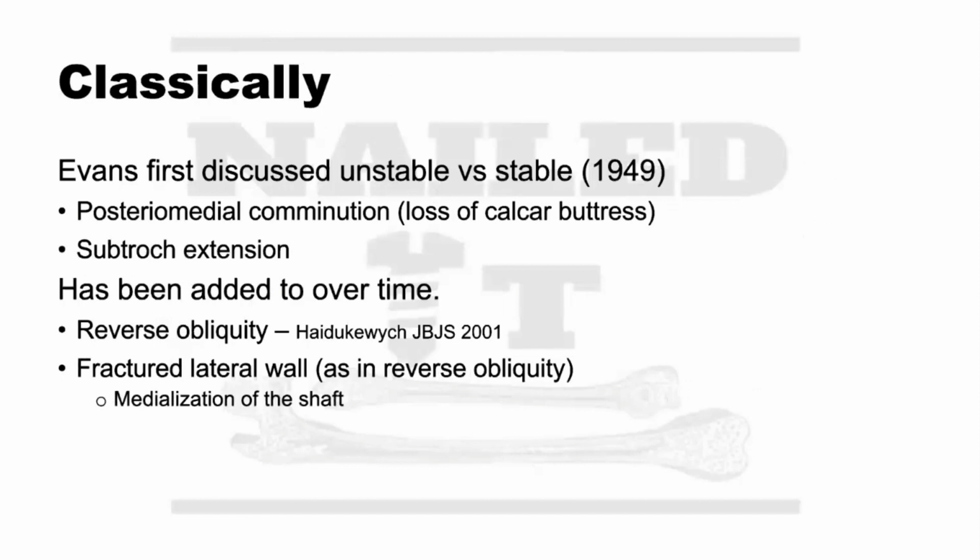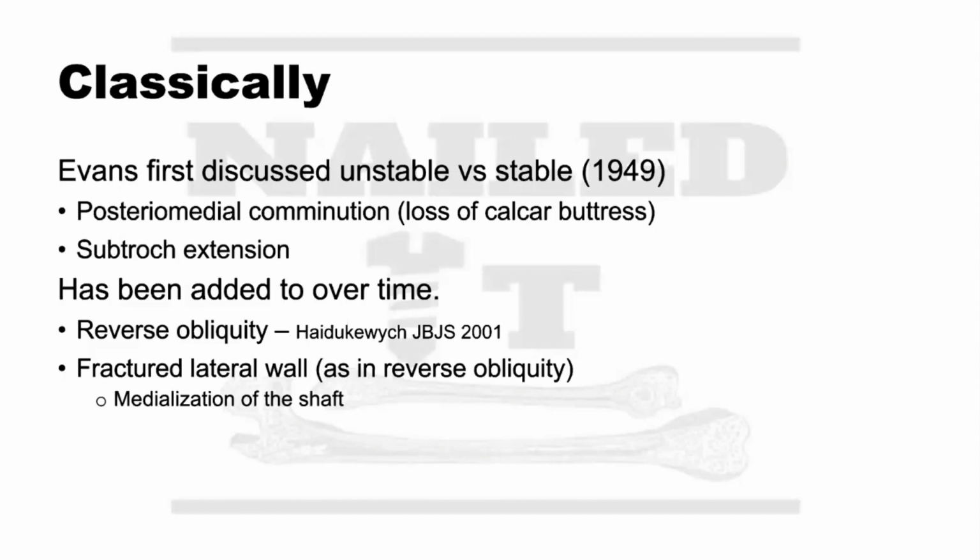Classically, there are four things we talk about where we want to not use a sliding hip screw. Initially, in 1949, Evans first discussed unstable versus stable intertrochanteric fracture patterns. They discussed posterior medial comminution, which is a loss of the calcar buttress. You can't rely on the bone to help support itself, so you need to add something extra, as well as subtrochanteric extension.